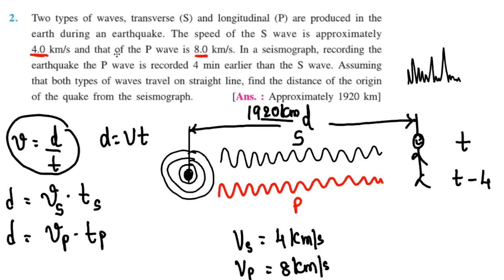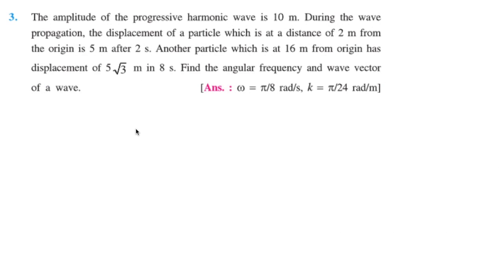Thank you. Now next is example 3. So this is our third question. The amplitude of a progressive harmonic wave is 10 meter. Amplitude is already given to us, that is 10 meter.